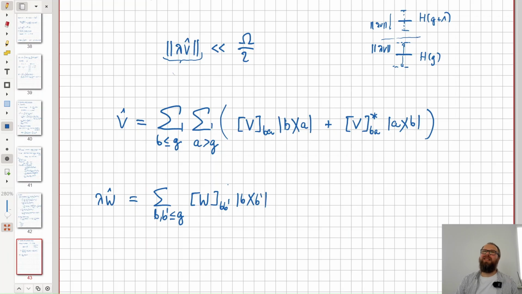Let's suppose that this low energy subspace is of small enough dimension that we could just take H plus lambda W and rediagonalize it to get our new energy levels. And then we would add V to connect them and start from there.